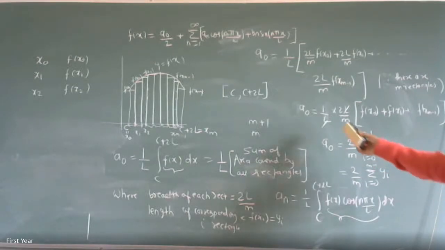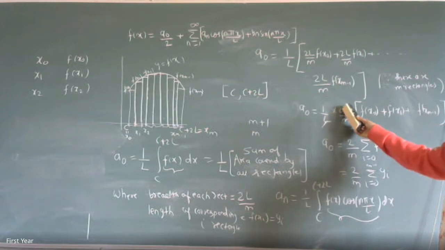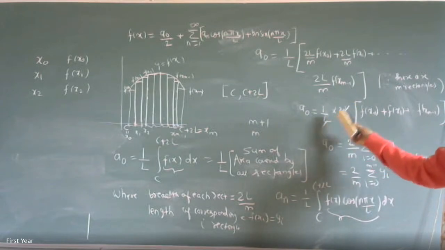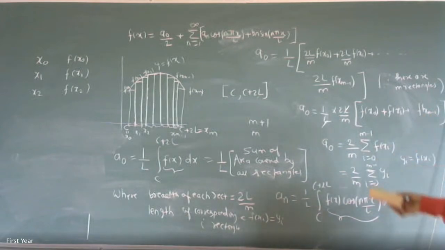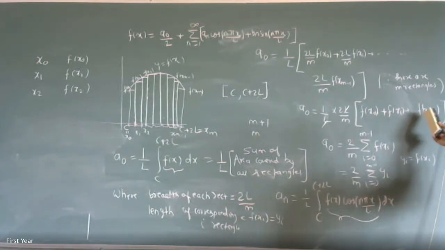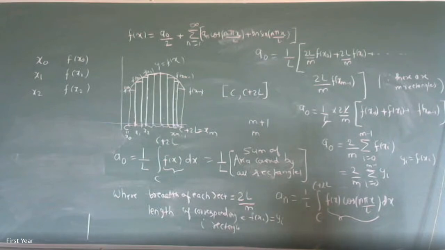That is equal to 1 by n into 2L by M, summation of f of x0, f of x1 up to f of xn minus 1.